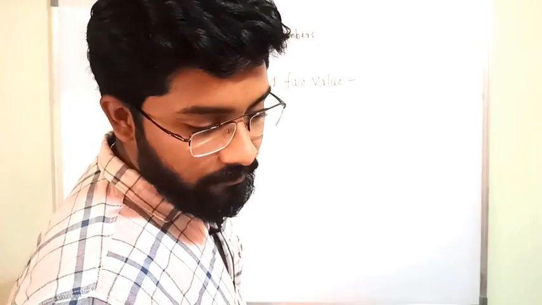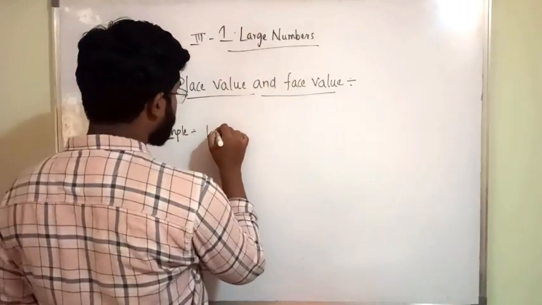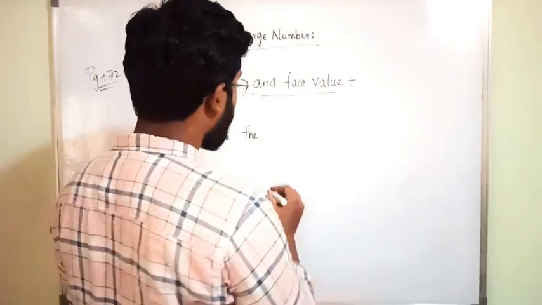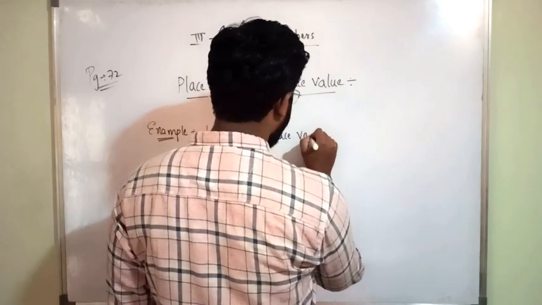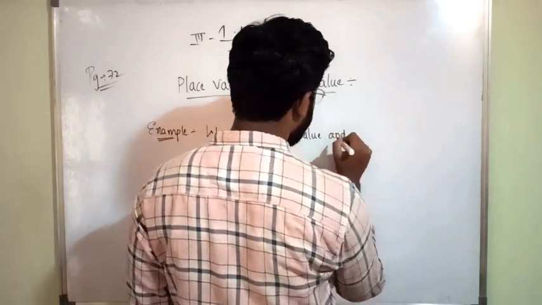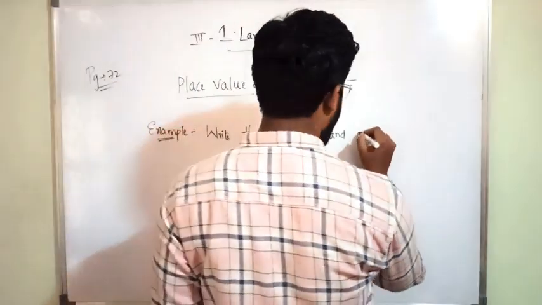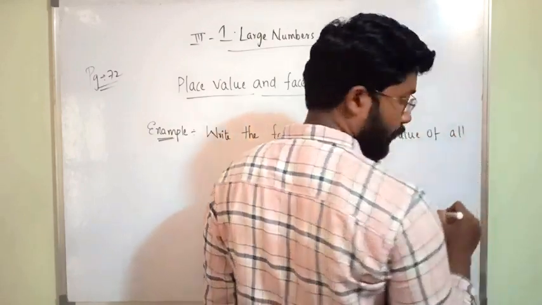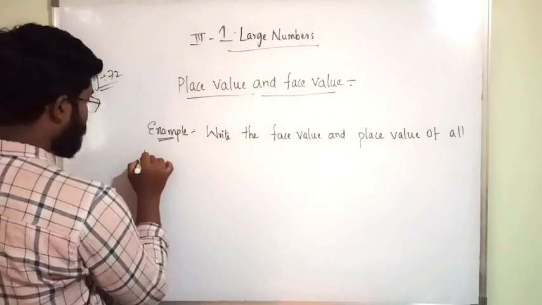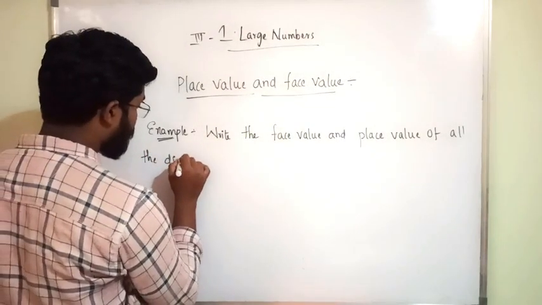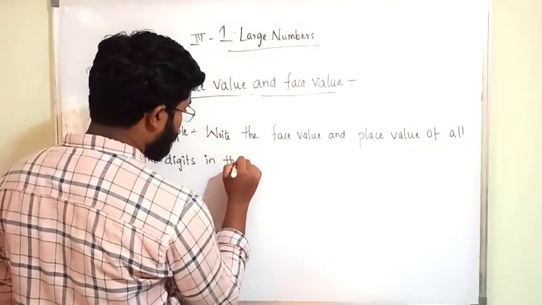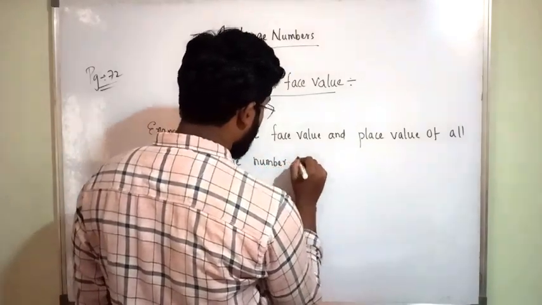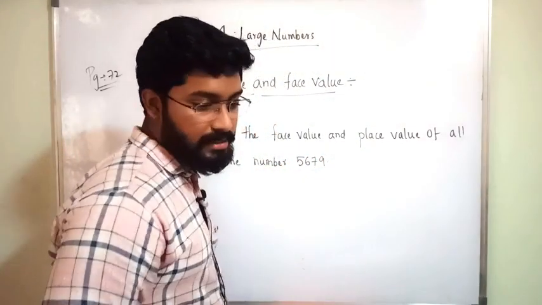Example: write the face value and place value of all the digits in the number 5679.